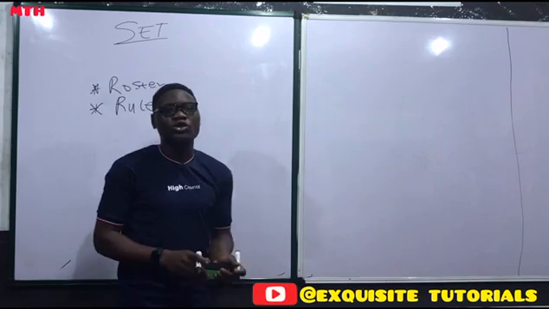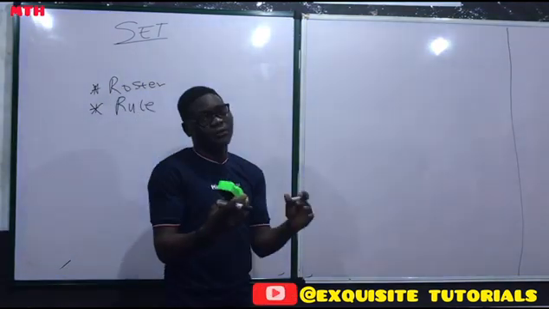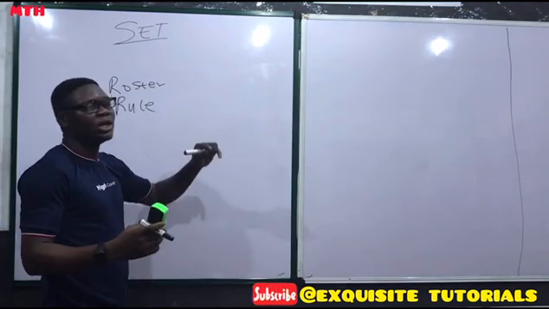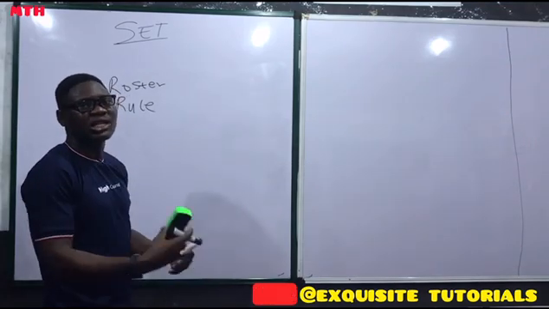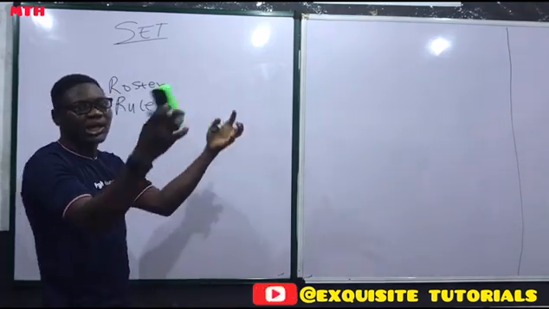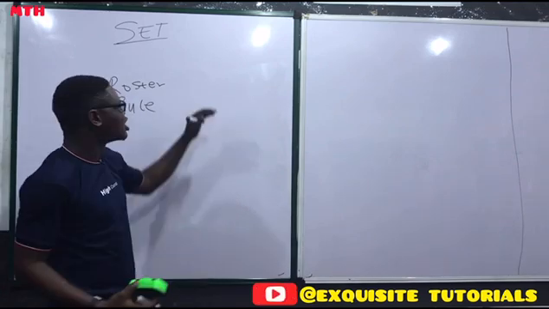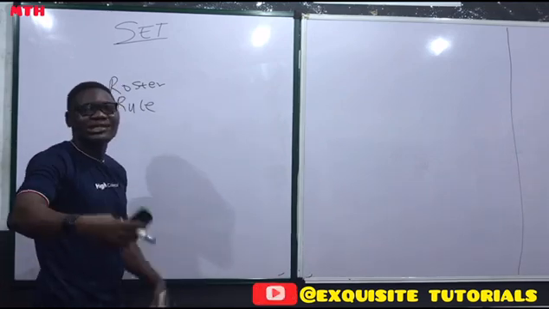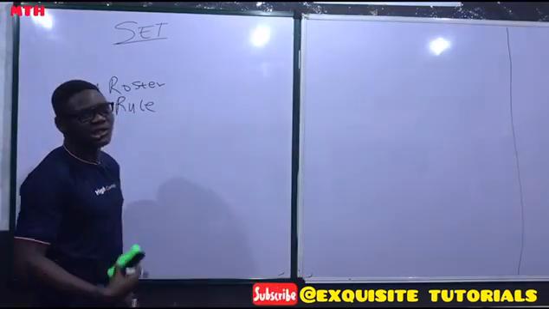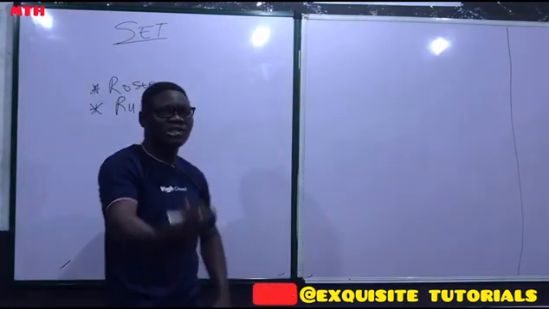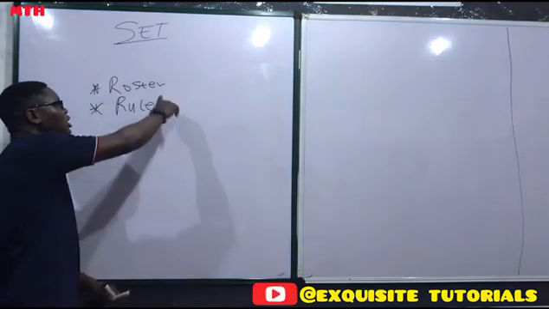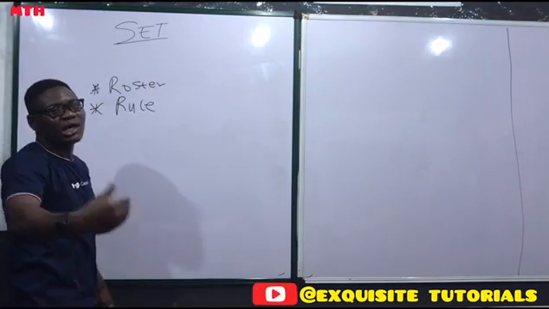Now, suppose you have a set, let's say A. First of all, the first thing you must notice is that the set is written in capital letter, while the objects, the elements inside this set, are enclosed in brackets and they are written as small letters. Now, when you list out the elements in this set, no matter how many they are, it is the roster method of writing that set.